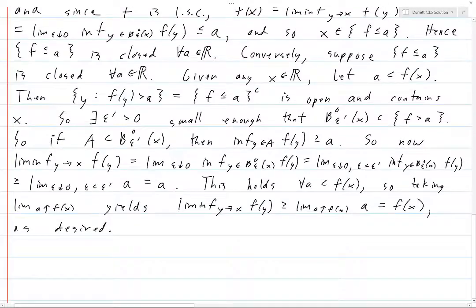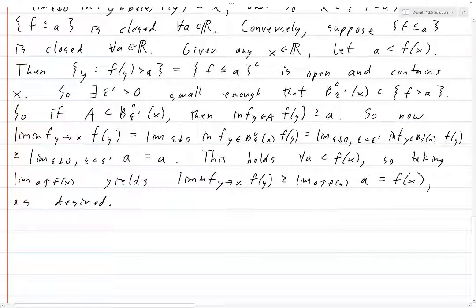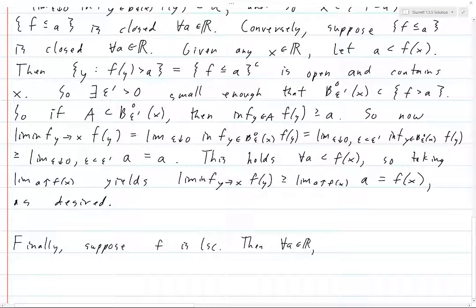Alright, so what we want to do now is, why do we care about these conditions? What we really care about is that semi-continuous functions are measurable. So finally, suppose f is lower semi-continuous, then for all a in R, the set of all points where f is less than or equal to a, which is f inverse of minus infinity a, is closed.